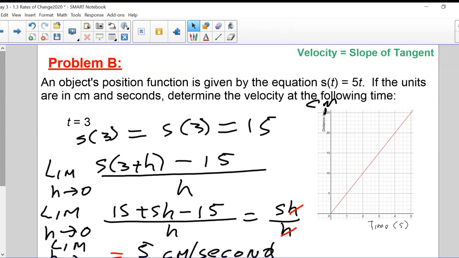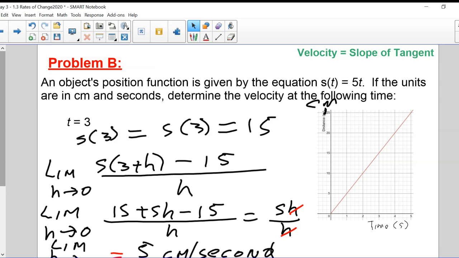A constant slope, in the context of time and distance, means it has a constant velocity. It's like you put a car on the road and that car is just moving at the same speed all the way, 5 centimeters per second. If you look at the speedometer, it's not changing. That's only for linear though. If this was not linear, then that would not be the case.